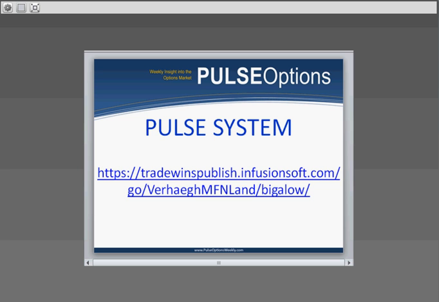We try and remove the stocks where the bid-ask spreads are too wide and there's no liquidity. Then we look for stocks whose options predict a certain move, and we have a formula to predict a certain move. If we feel the stock will move more than the options are predicting, then we look at those.